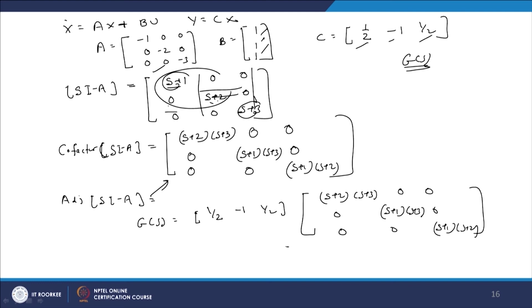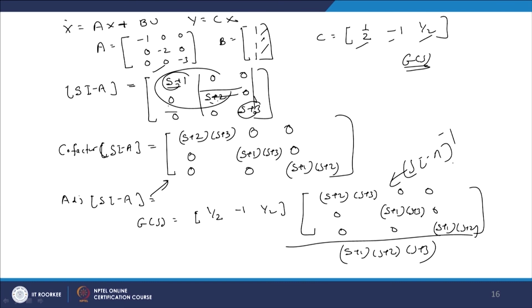The determinant is nothing but S plus 1, S plus 2 and S plus 3, that is the SI inverse, and B is 1, 1, 1.